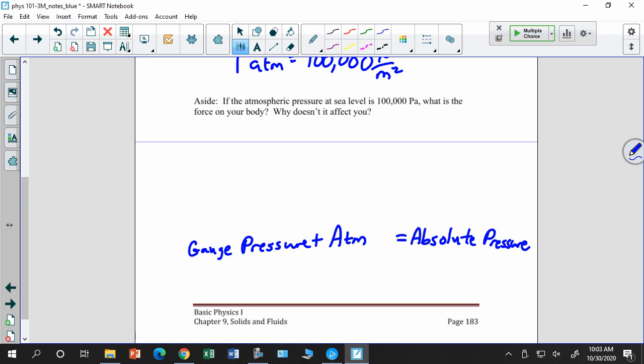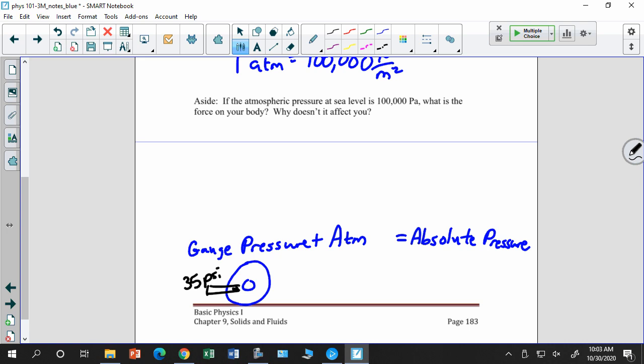So if you think about your tire, say you have a tire, if I go and measure the pressure in that tire with a pressure gauge, I read the pressure to be about 35 pounds per square inch. But I just told you that the atmospheric pressure is really quite a lot more than 35 psi. And so the gauge pressure is going to be the absolute pressure minus the atmospheric pressure.